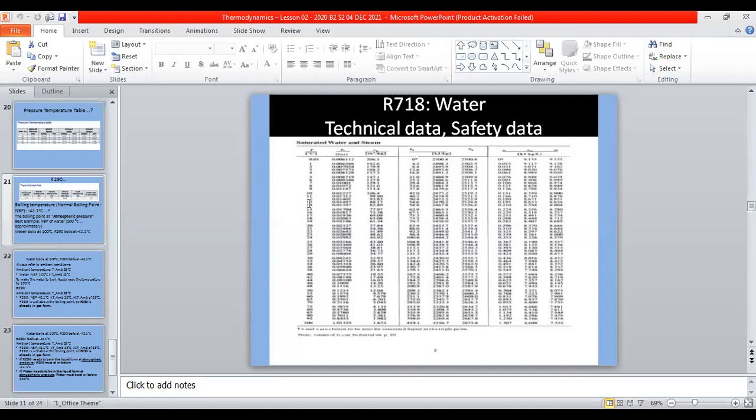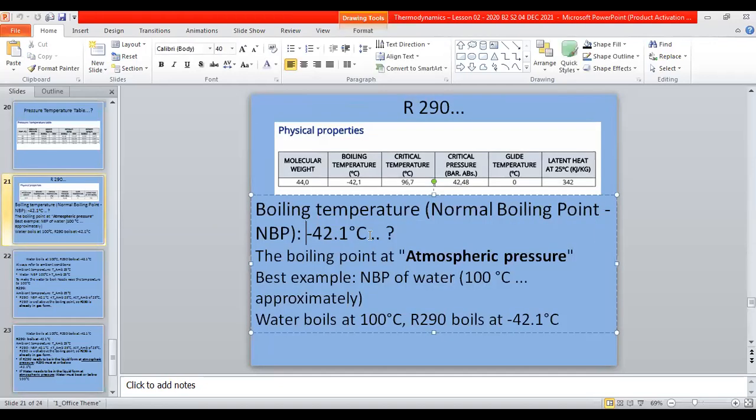The normal boiling point is minus 42.1, well below the ambient temperature. So R290 is not possible to have in liquid form at ambient condition.